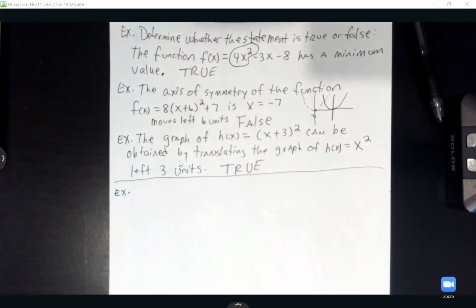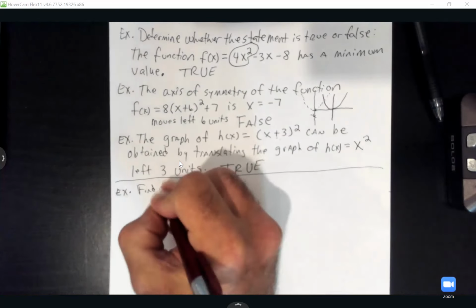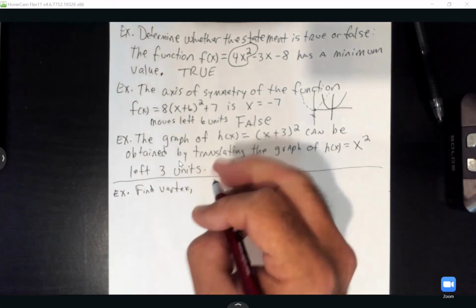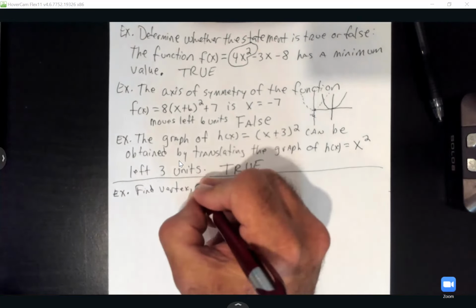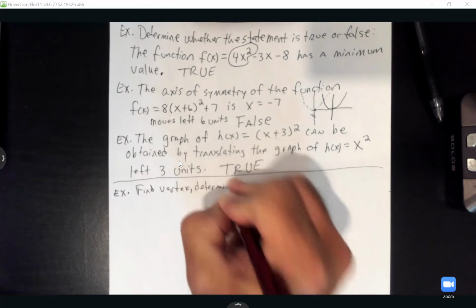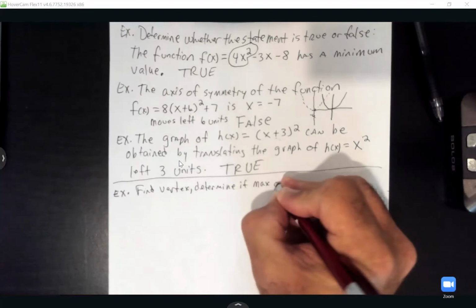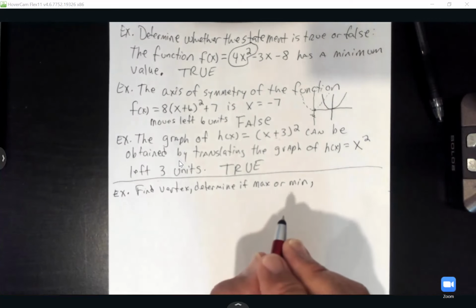All right, now here comes, I guess you'd say, the big one of the day. So this problem, they want me to find the vertex, determine if it's a max or min value, and give that value.